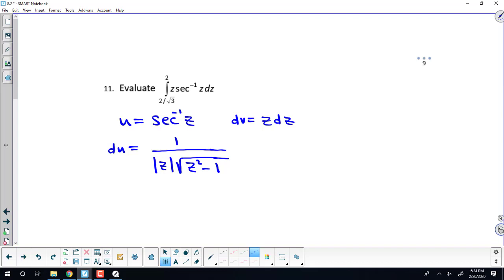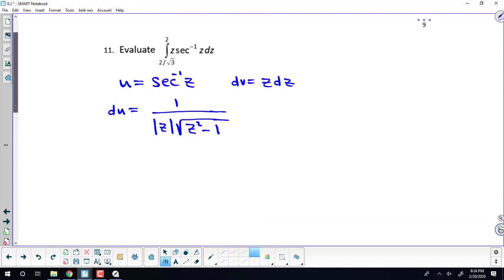But there's an absolute value there. If we don't have to deal with it, let's not deal with it. What helps us identify whether we need that or not is the region we're in. We're from 2 over root 3 to 2, and that's always positive in that region, right?